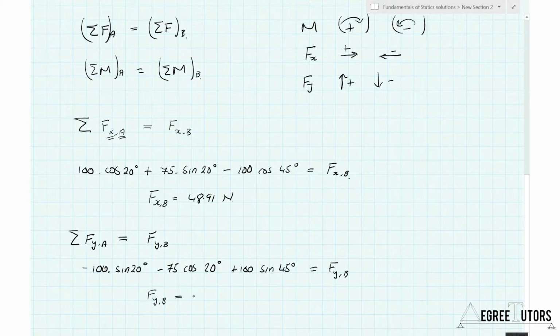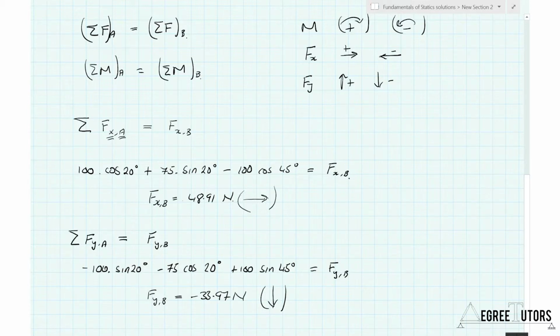FyB is equal to minus 33.97 newtons. Okay, the minus is telling us that according to our sign convention, it's acting downwards. Similarly, for the horizontal force, the fact that it's a positive number tells us that it acts to the right.